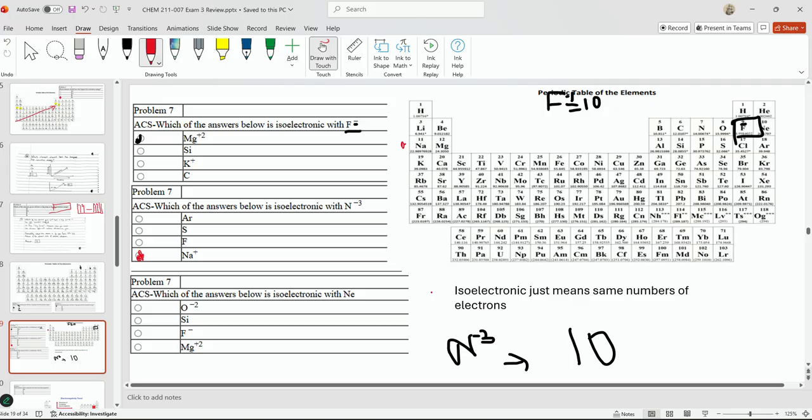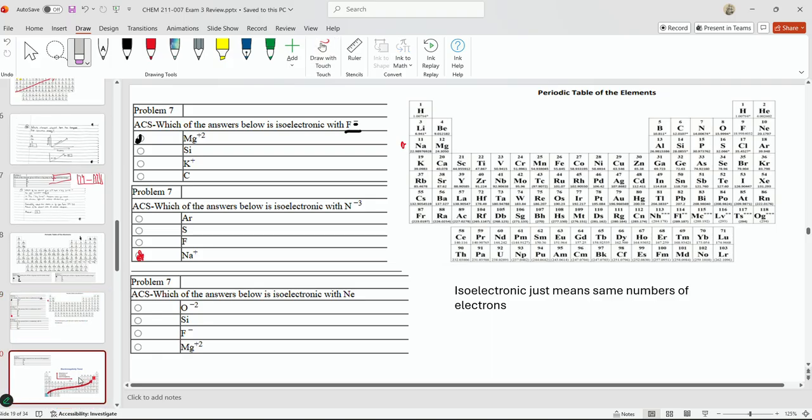Yeah, it does. Okay, can you explain to me how I would get this answer then? What is the isoelectronic ion for Ne? Ne has 10, so you have to find one that also has 10. It will be Mg plus 2. Okay, cool.